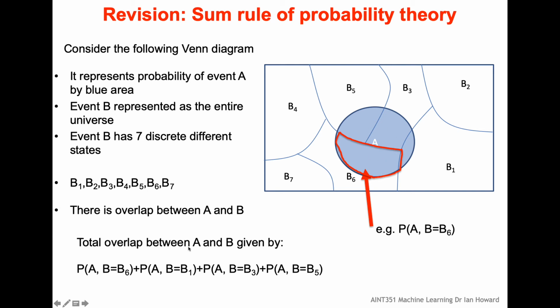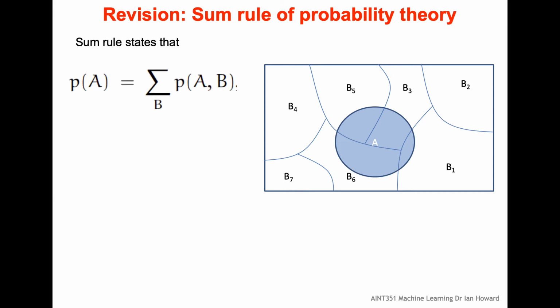So it's going to be this bit here plus this bit here plus this bit here plus this bit here, and that's what I've written down there. And that will be the probability of A happening. So basically what we want to say is that the probability of A is given by all of these individual joint probabilities summed up across all of B.